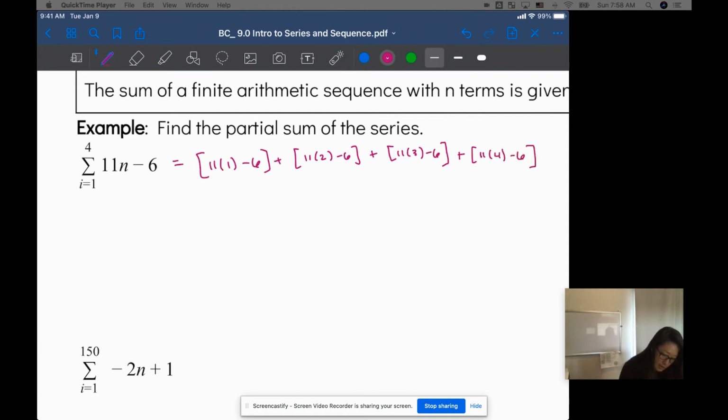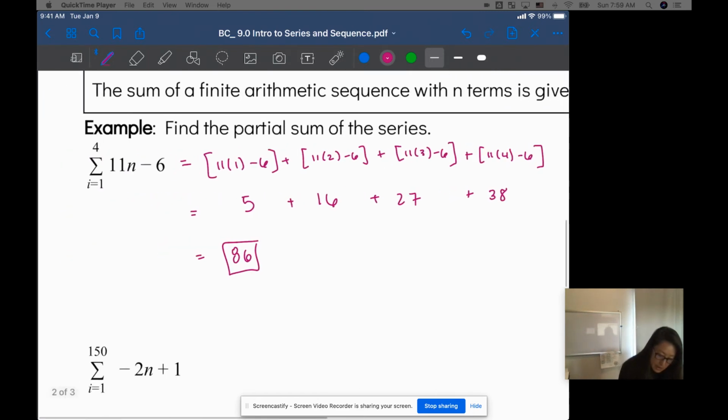I'm just going to evaluate this. This is 5 plus 22 minus 6 is 16, plus 33 minus 6 is 27, plus 44 minus 6 is 38, and then I add those up to give me a total of 86. So that's the long way. We expanded and added together.